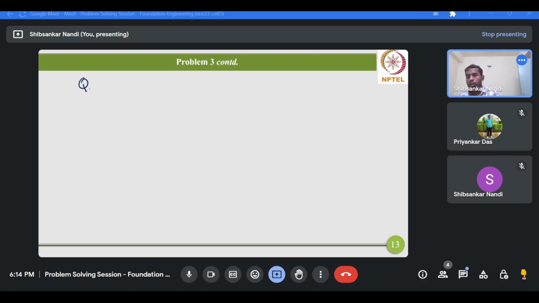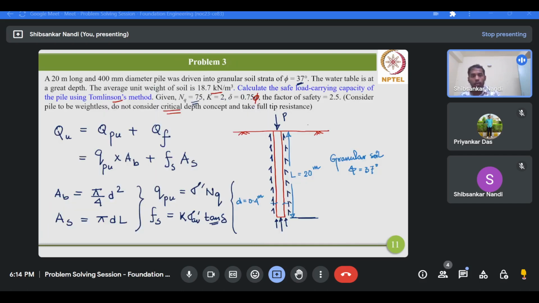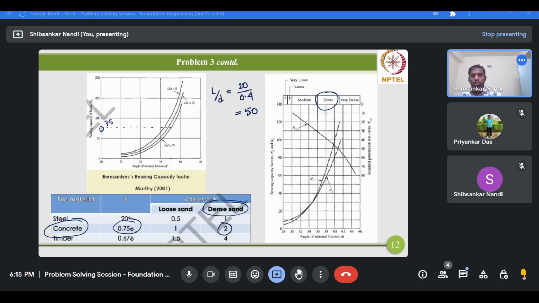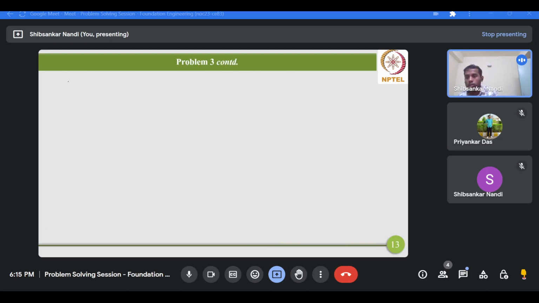So first let us determine the distribution of vertical effective overburden pressure along the pile length. Now, since there is no water table, the distribution will simply look like this.